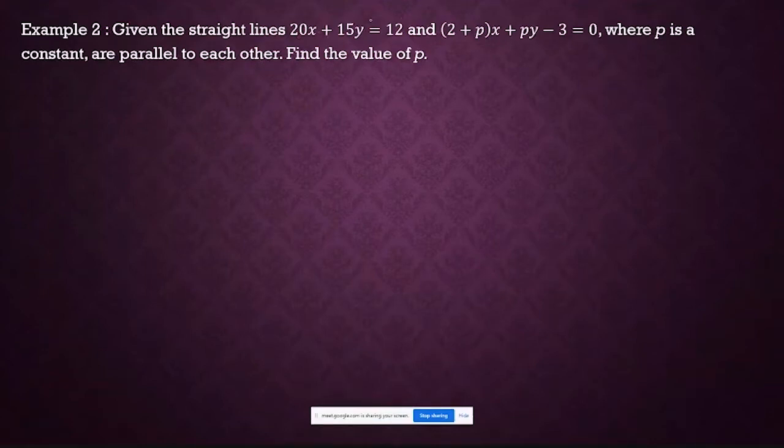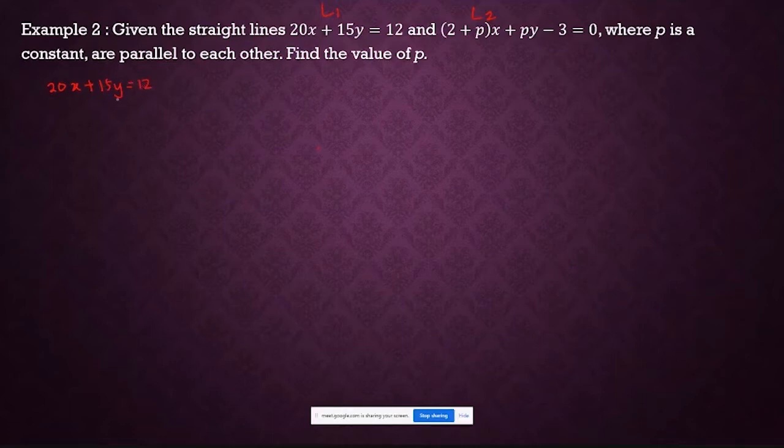This is our first line. Okay, this is our second line.